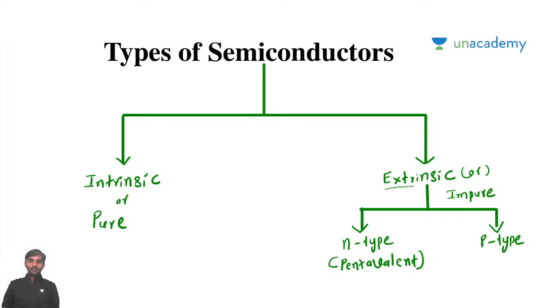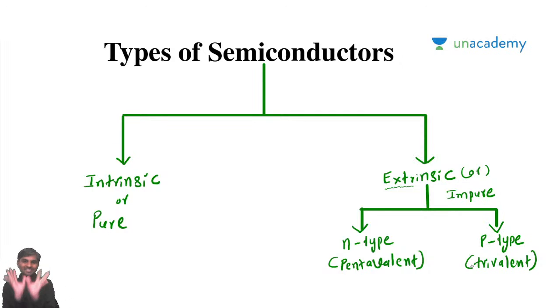And a P-type semiconductor is nothing but a trivalent impurity. When you add a trivalent impurity, we call it a P-type semiconductor.